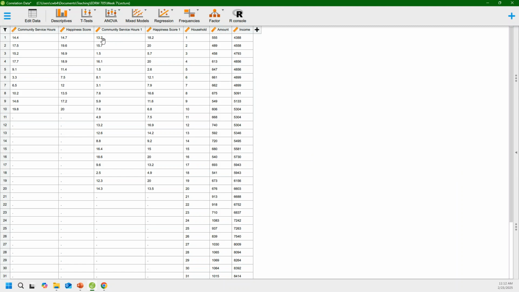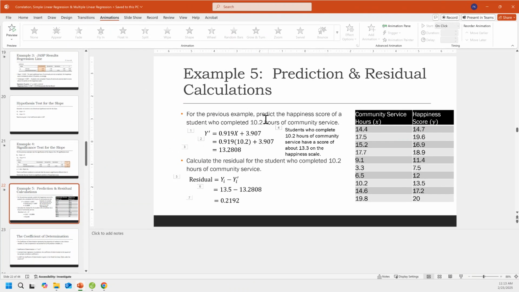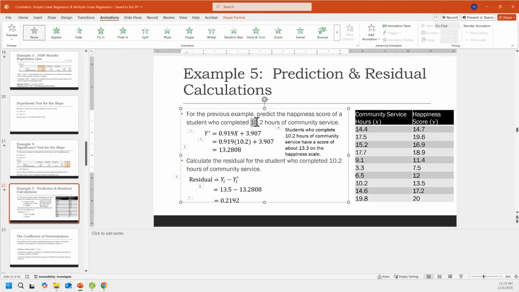Notice 13.2, if a student completed 13.2 hours, then their happiness score was 18.2, right? So what I'm going to do in my notes here is I'm going to predict the happiness score using my regression equation for a student who completes 13.2 hours.